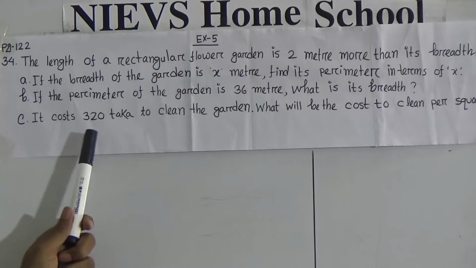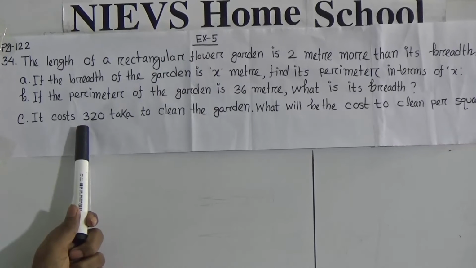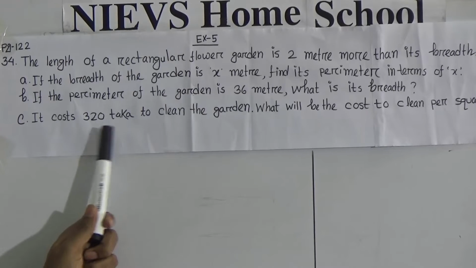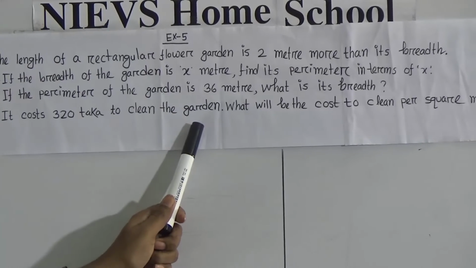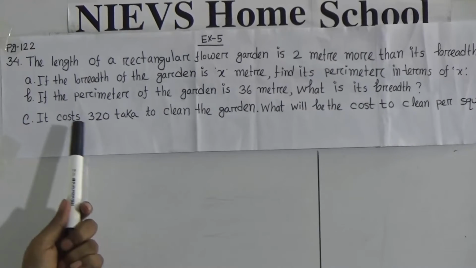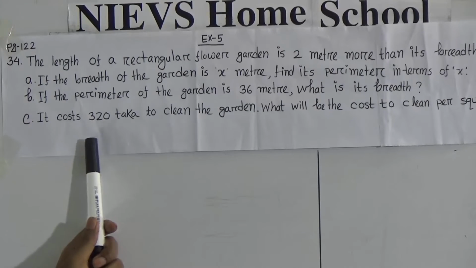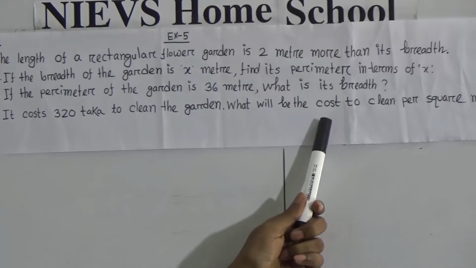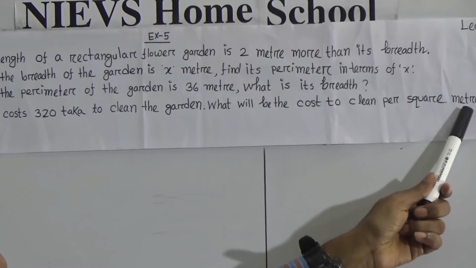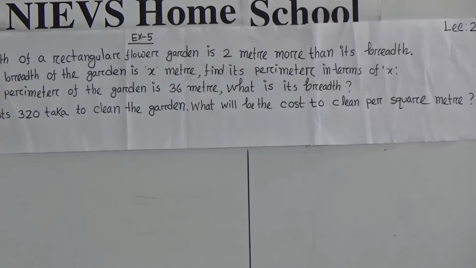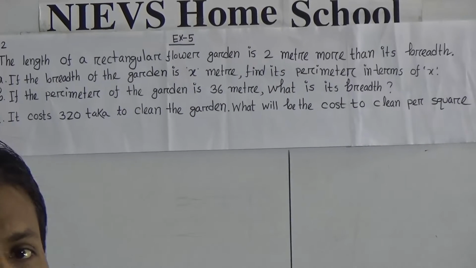It costs 320 taka to clean the garden. That means for cleaning the garden, it costs 320 taka. What will be the cost to clean per square meter? That means what will be the cost to clean 1 square meter? Okay, these are our questions.